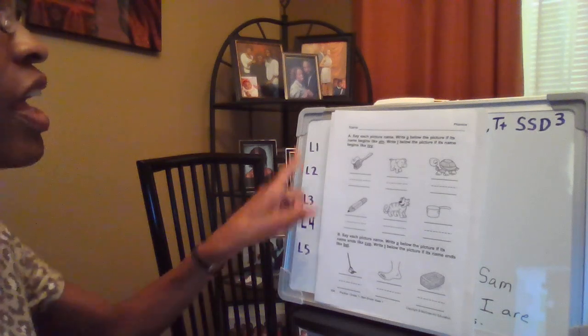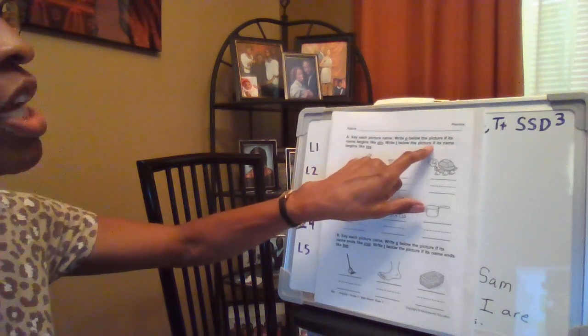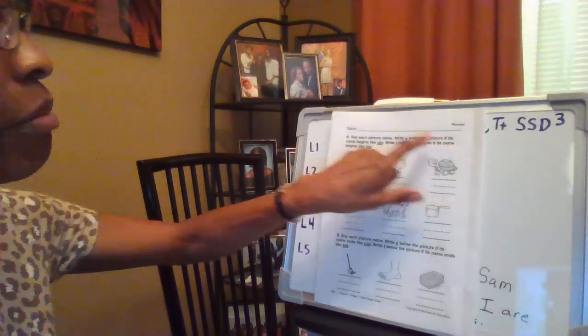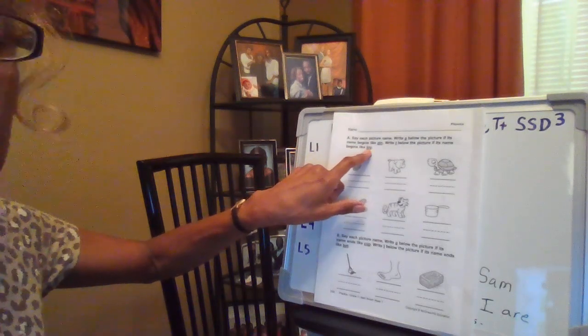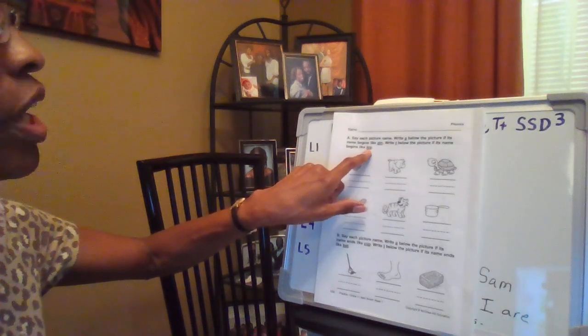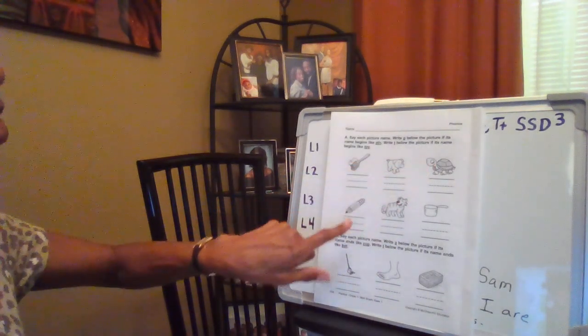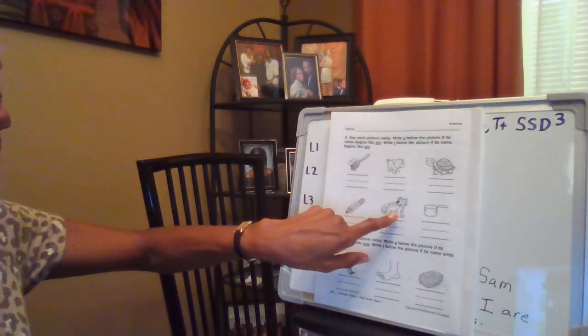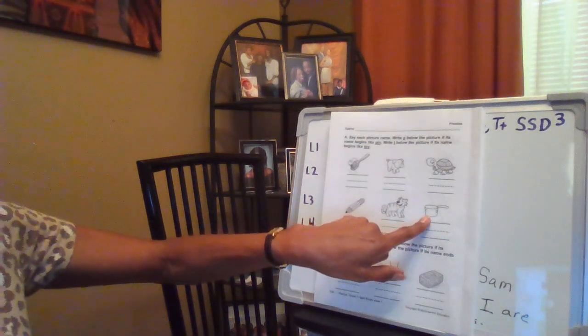Pen. Then write T below the picture if its name begins like toy. Toy. So you have a toothbrush, a pig, a turtle, pencil, tiger. Do you know what this is? A pot.